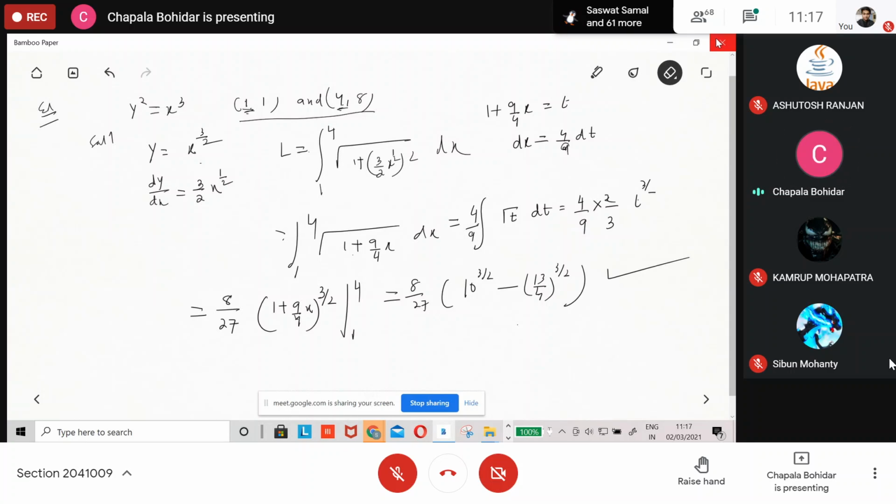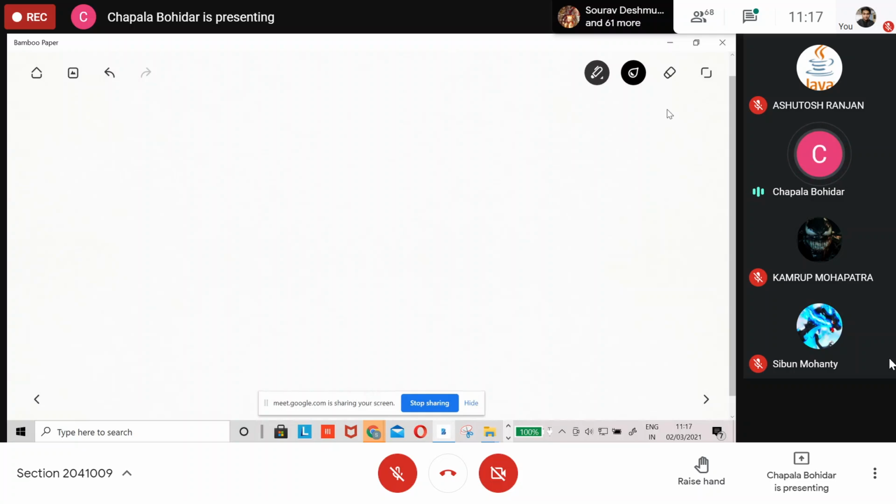Now the other example I am doing. Find the arc length function for the curve y is equal to x square minus 1 by 8 ln x.